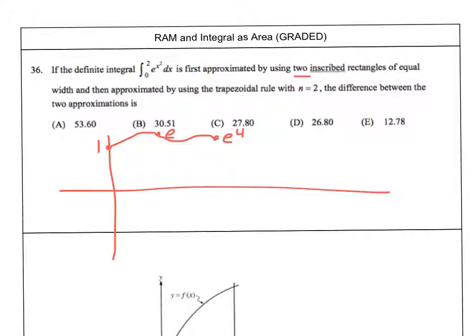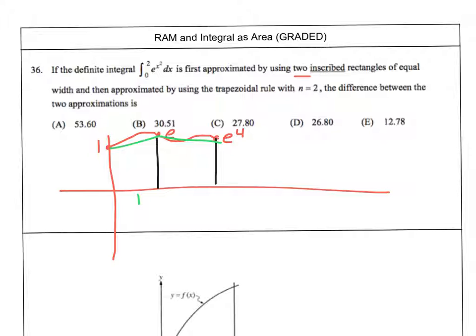And we're trying to take a look at either the rectangles or the trapezoids that come in here. I've already kind of drawn a picture that's really nice for trapezoids, so I'll do that one first. When setting up a trapezoidal approximation, we're going to have one trapezoid here, one trapezoid here.